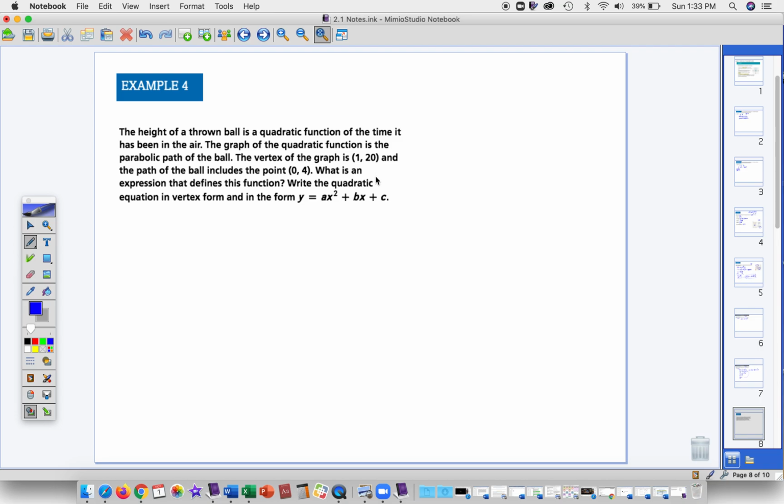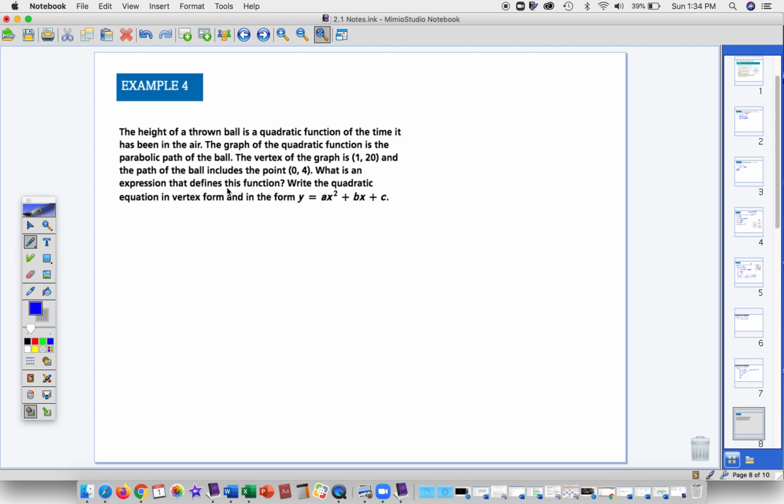I don't think they give us units here. The path of the ball includes the point (0, 4). So what would that mean? That means at time 0, the ball is at 4 feet, which would make sense, right? If you're holding the ball, it's possible that it could be 4 feet up in the air to begin with.